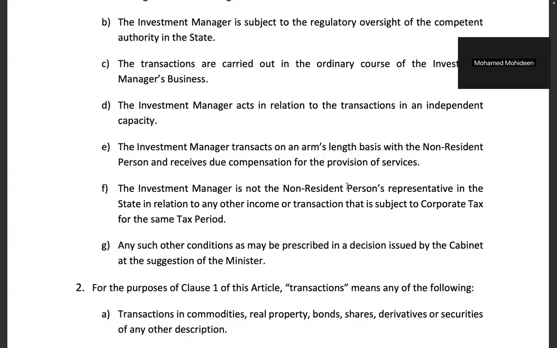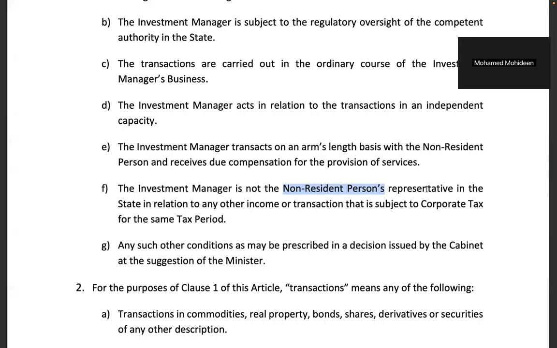This is a key point here. Sometimes the non-resident person might say, "Oh, boss, can you please represent me? Can you become a proxy representative of mine in the company? I don't have presence there." Now, the investment manager has to be very careful. You can't represent that non-resident person in the UAE in relation to any other income or transaction that is subject to corporate tax in the same tax period.